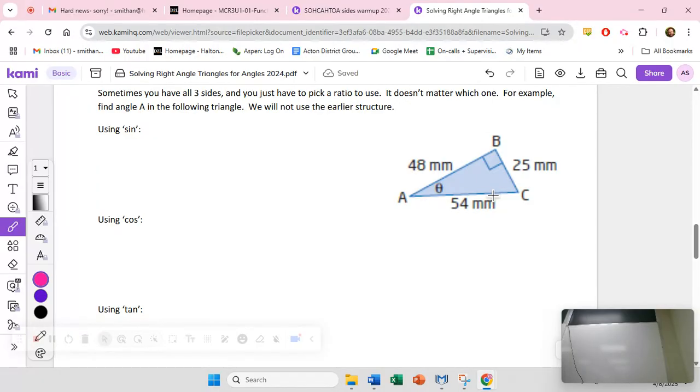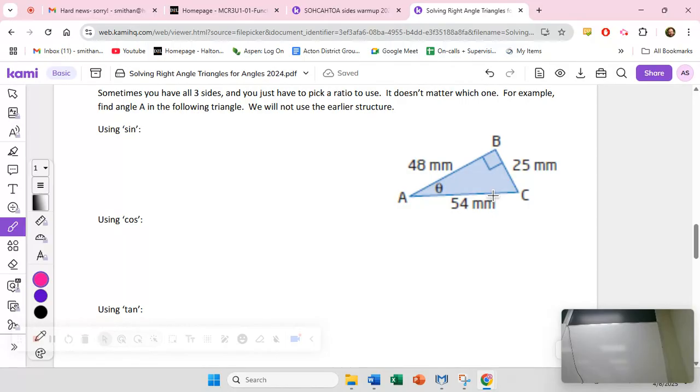Some people, I can legitimately understand why, get overwhelmed with the choice. It's not fixed here. If I didn't have the 25 millimeter side, I'd have adjacent and hypotenuse. I'd have to use cosine. There wouldn't be a choice. But if you have all 3, you can use either one, but they all lead to the same answer.